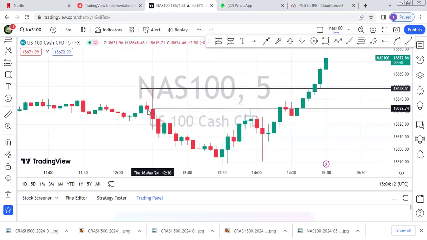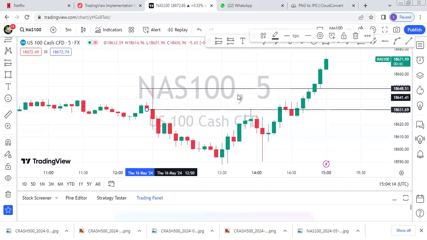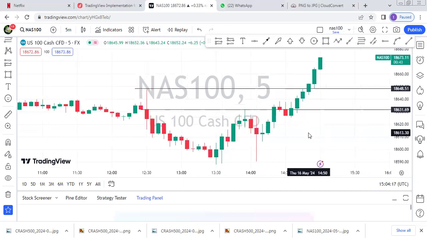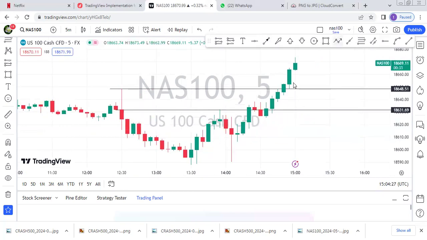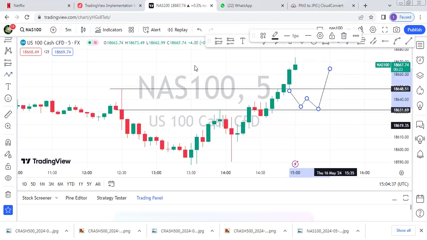So if they closed here, we anticipate that our level of retracement will be on this area, right? So we expect Nasdaq to give us some retracements on this area before it shoots up again.